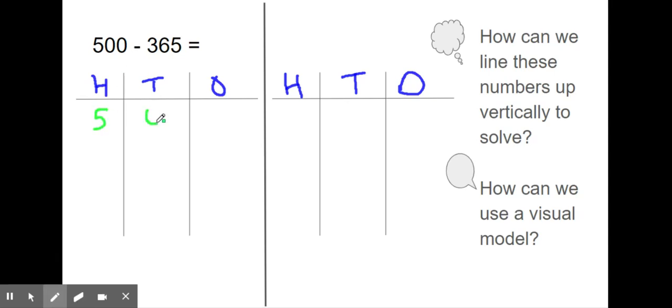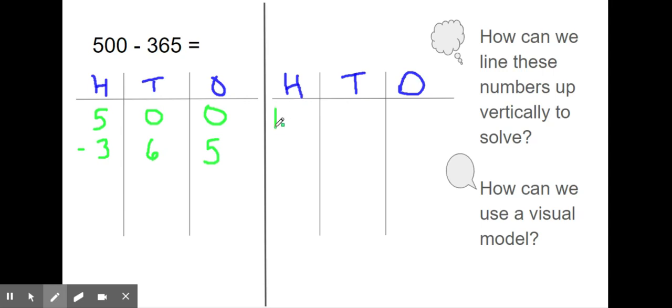Okay. So let me first go ahead and make sure I line up my subtraction problem. So 500 minus 365. Okay. And now I need to create a visual model.